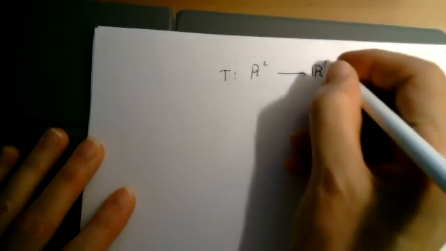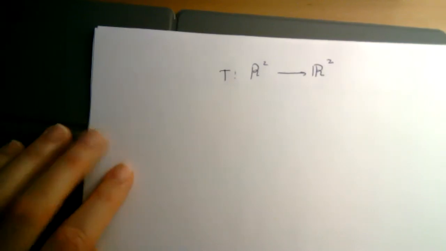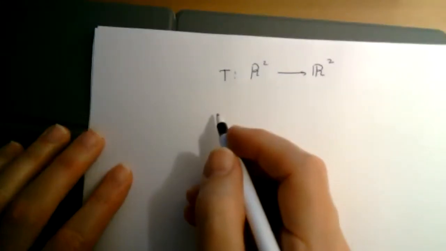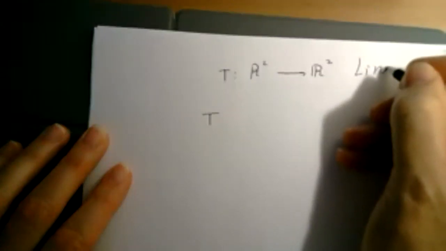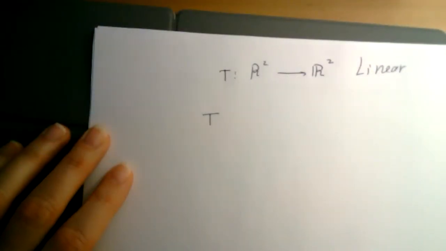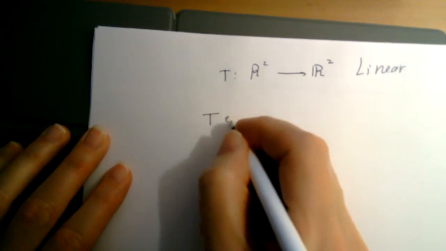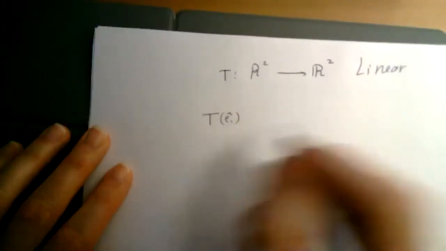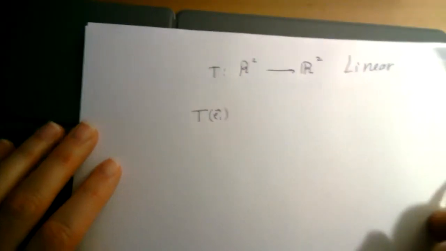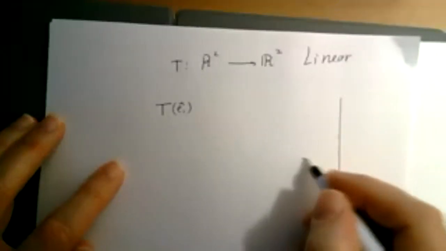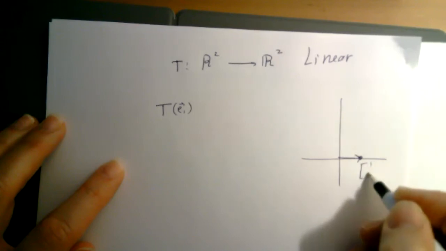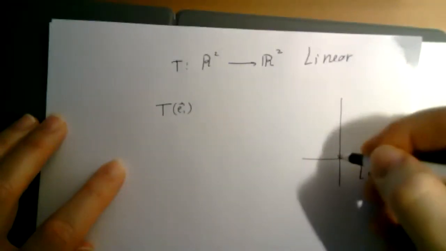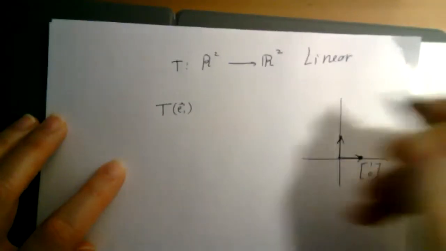And I gave it from R2 to R2 because it doesn't matter. They're all easy to work with. And I told you, this is linear. And I told you T does the following. It takes the vector E1. We never have to forget what E1 and E2 are. E1 is the unit vector, that's E1, and E2 is the unit vector here.